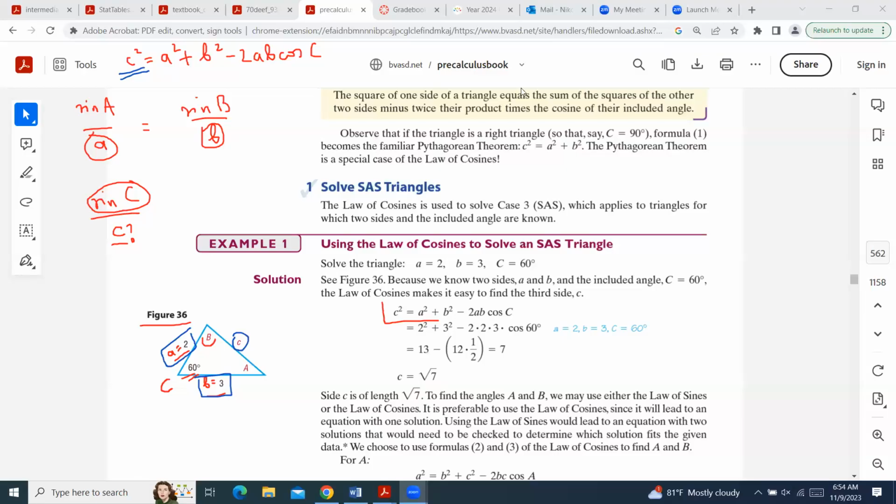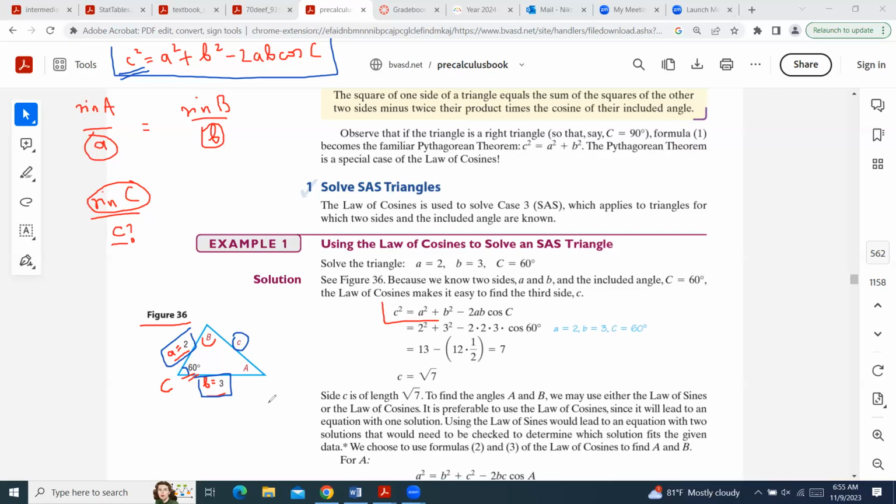So the point of the story is that we can utilize another relationship between angles and sides if you have any triangle, and this is going to include two sides and the angle given right in between.